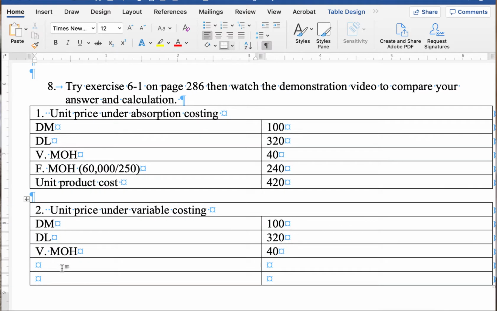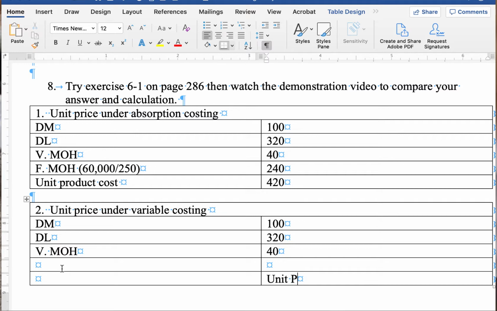What about the fixed MOH? Under variable costing, fixed manufacturing overhead is not treated as a product cost. It is treated as a period cost. We expense it when it occurs. We do not include it.